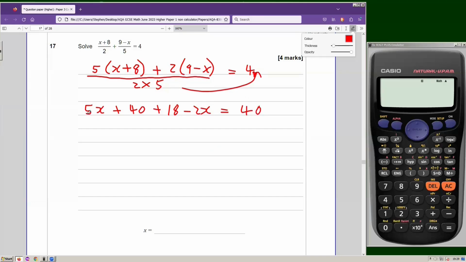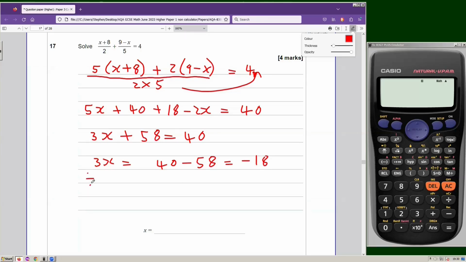Okay. 5x minus 2x, 3x, plus 40 plus 18 is 58, equals 40. We'll take the 58 over. 3x equals 40 minus 58, which equals minus 18.